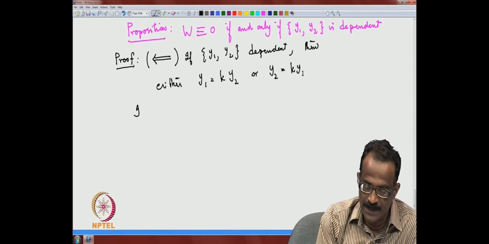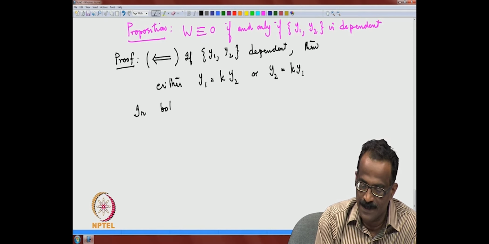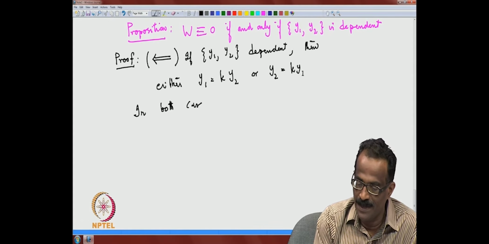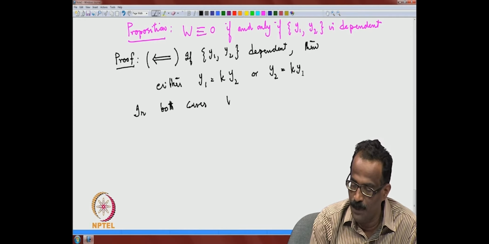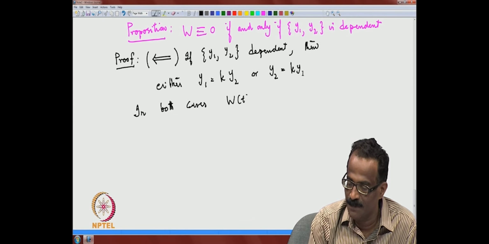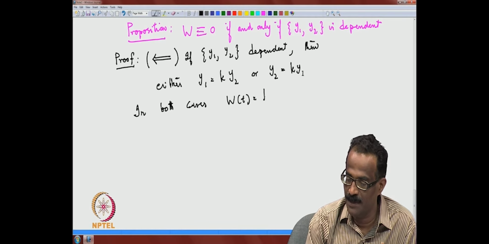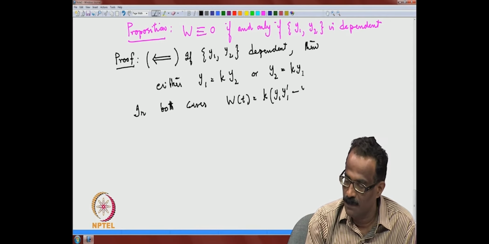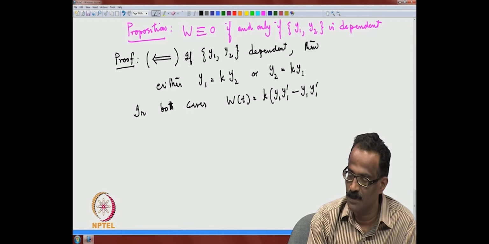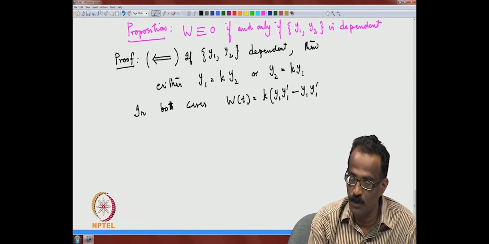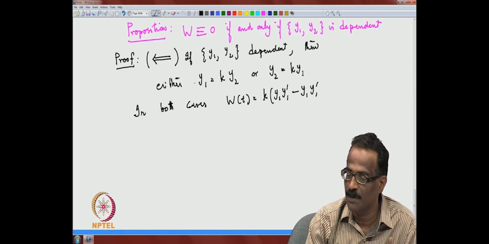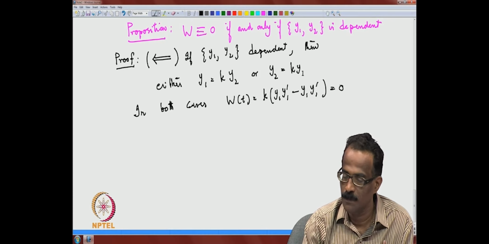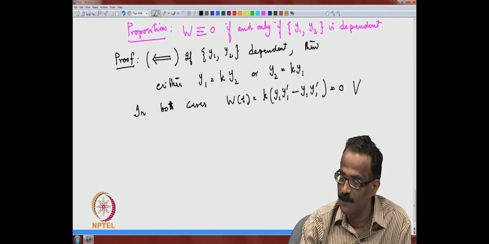In both cases, what is W t? It will be k into y1 prime minus y1 prime, because y2 is a multiple of y1. So, y1 into y2 prime is nothing but k into y1 prime, so W is equal to 0 for all t.